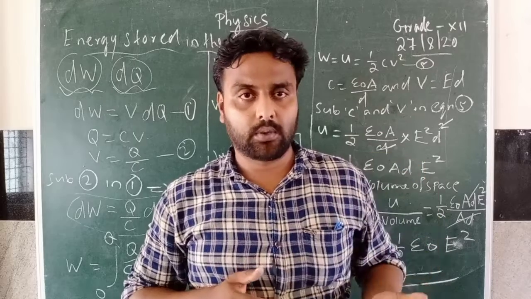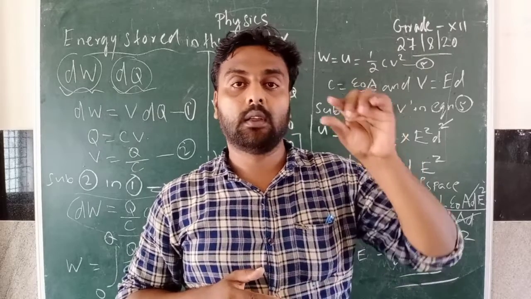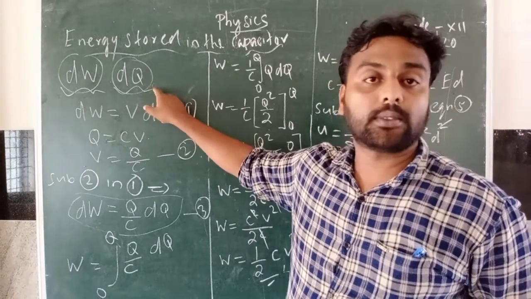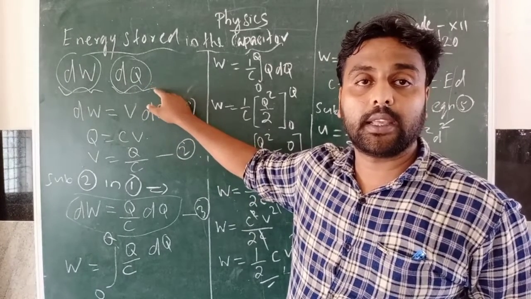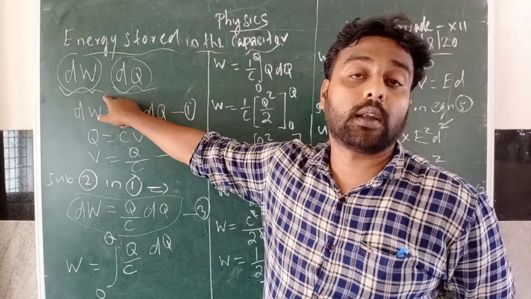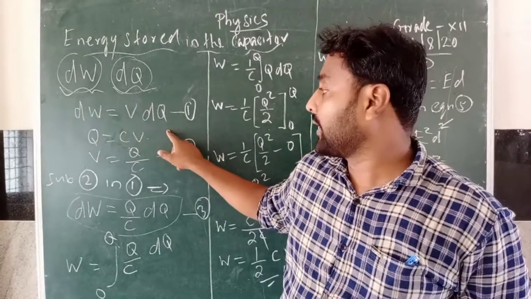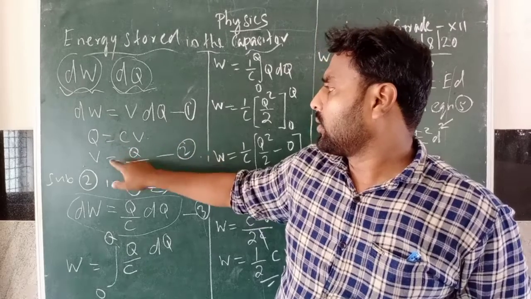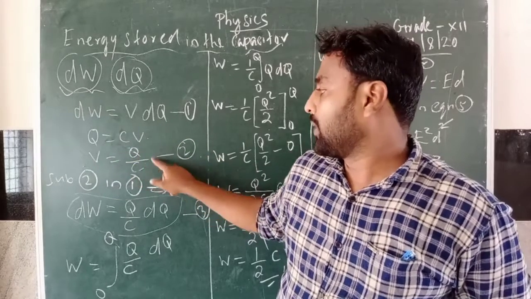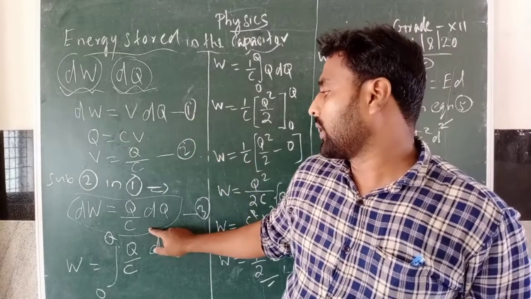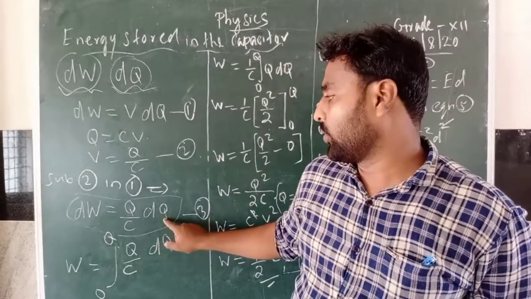So we are finding the work done. First, for an infinitesimal charge dq, how much work is done by the battery? dW is equal to V dq. We know V is equal to Q by C, so we get Q by C dq.